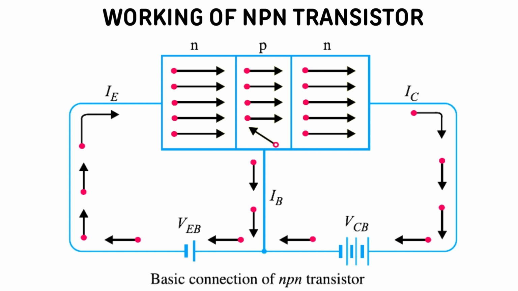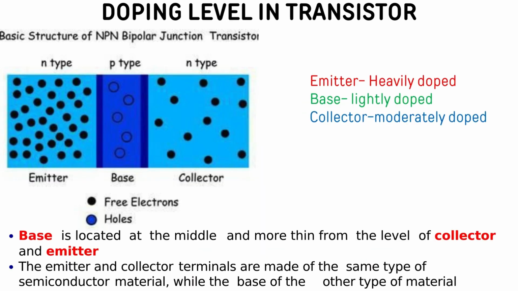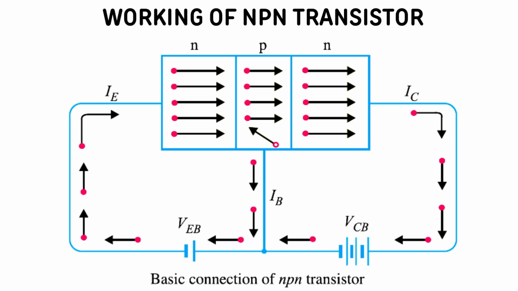At the same time, collector base junction is reverse bias. Collector terminal is at n-type material and base is at p-type material. The majority carriers in the n-type material are attracted by the positive supply at the collector base junction VCB.